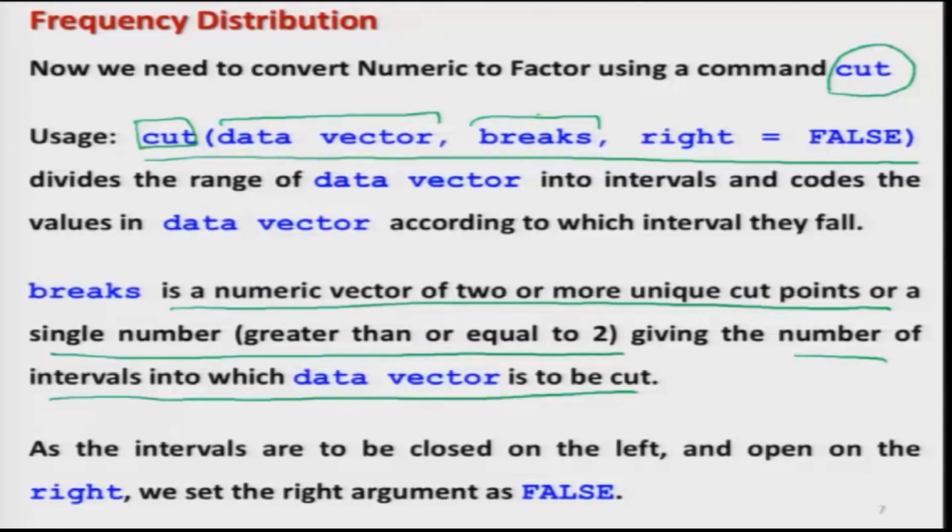So, this break is going to control the number of partitions in this data vector, and here I have here a command small letters right, and this is equal to here false, and you can see here this is the logical operator. As we discussed, capital letters TRUE and capital letters FALSE, they are the logical operators, and this right equal to FALSE is denoting that the intervals are to be closed on the left and open on the right.